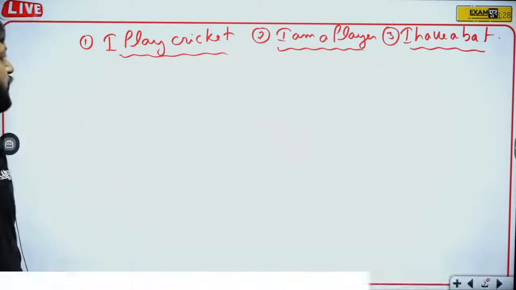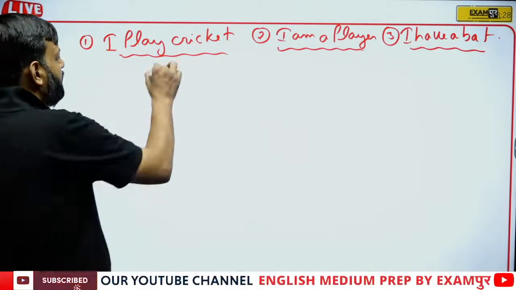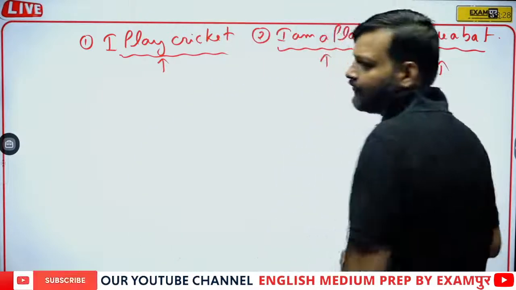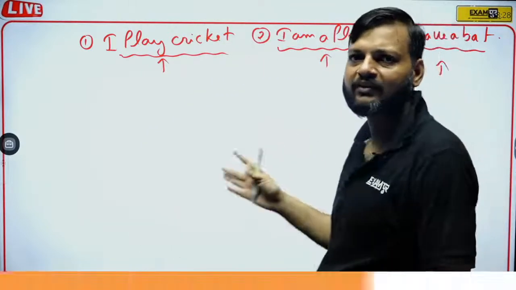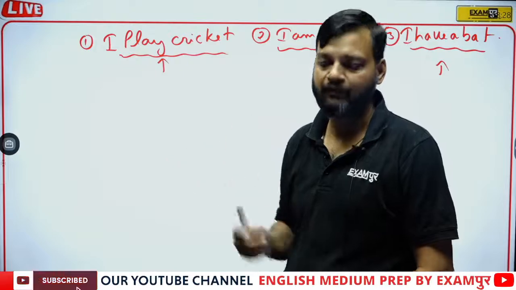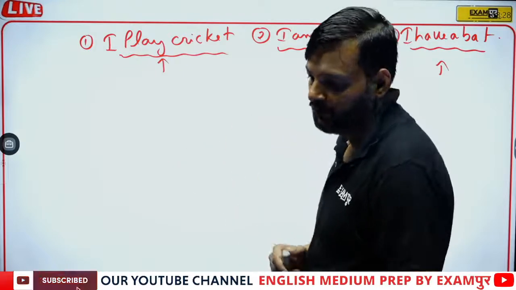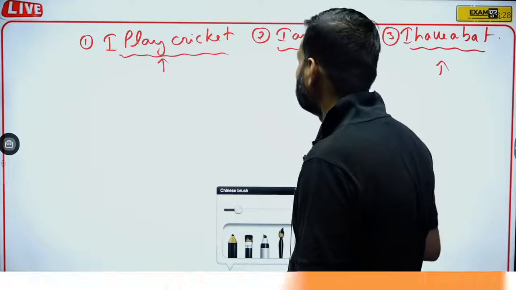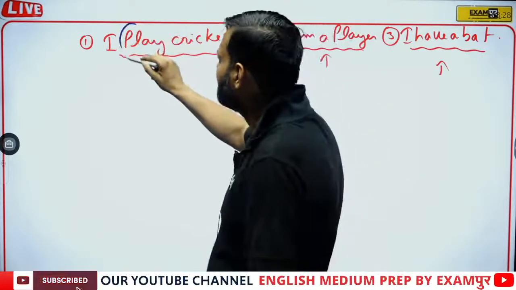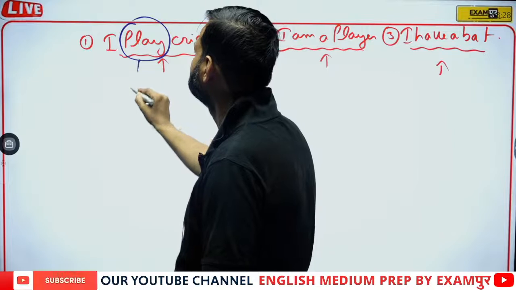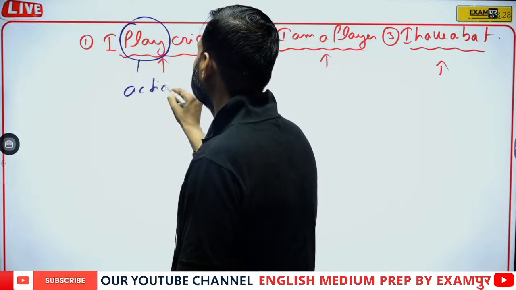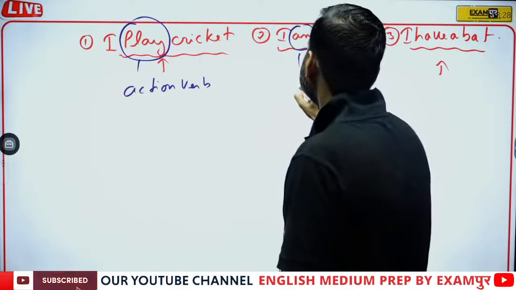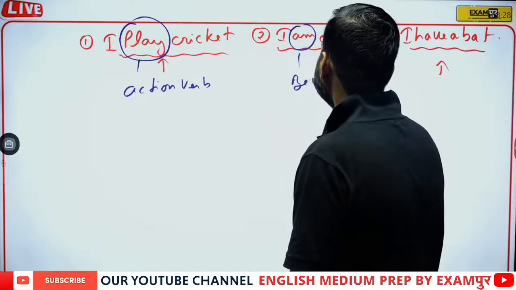Okay. So see, all 3 are present indefinite. The only difference is that all 3 sentences have different kinds of verbs. This is an action verb. This is called a be verb.